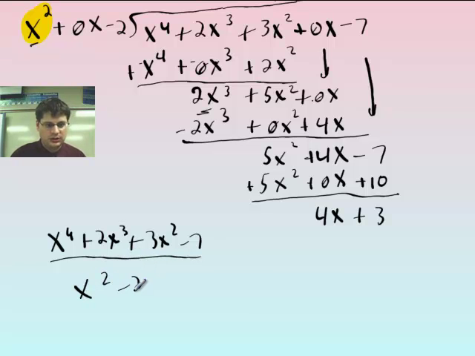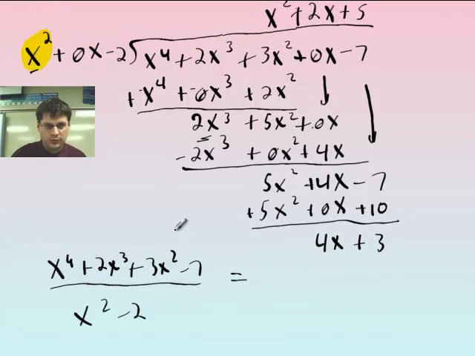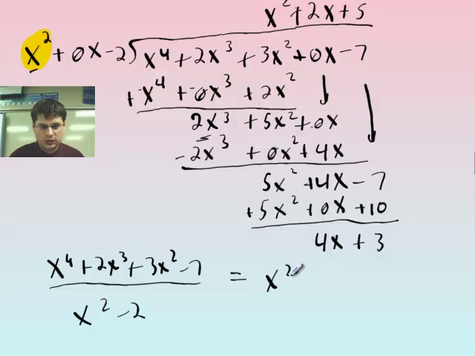X squared minus 2 is equal to our quotient, x squared plus 2x plus 5, and then plus, and then this is a fraction. We're dividing this into it.